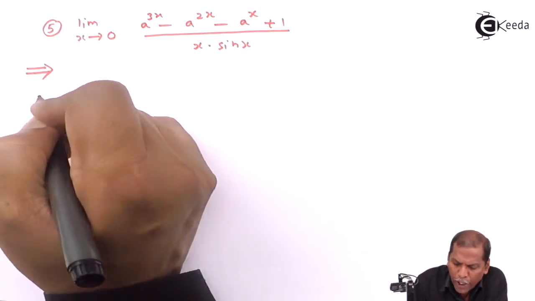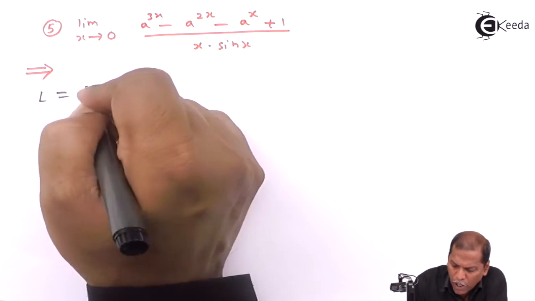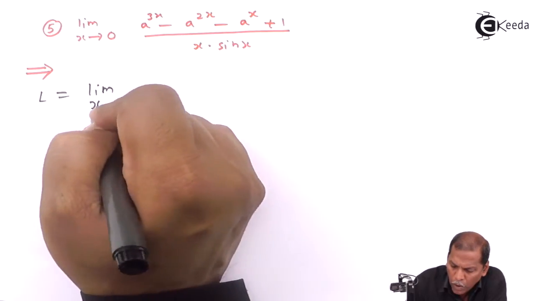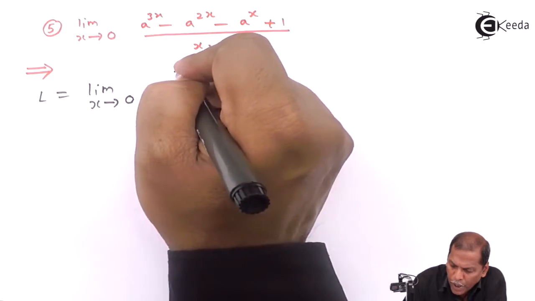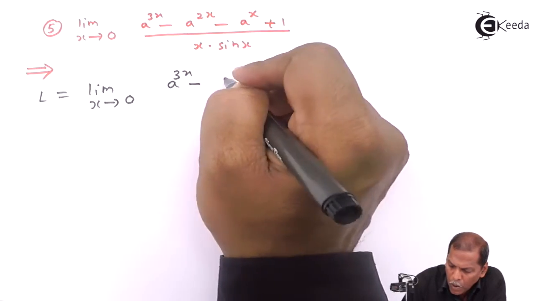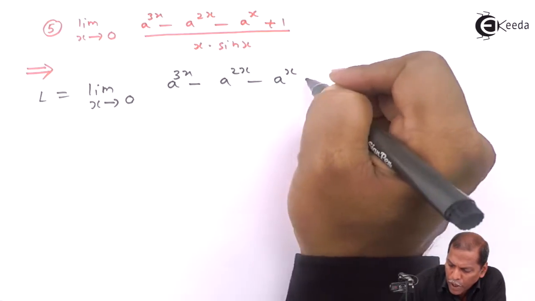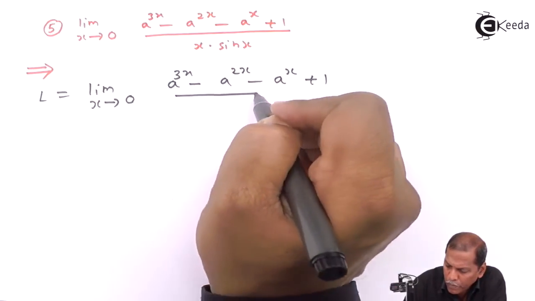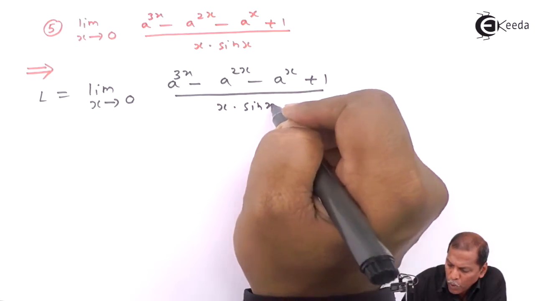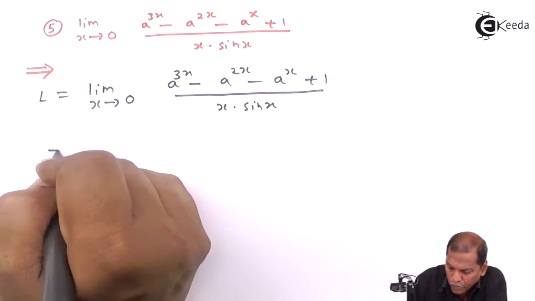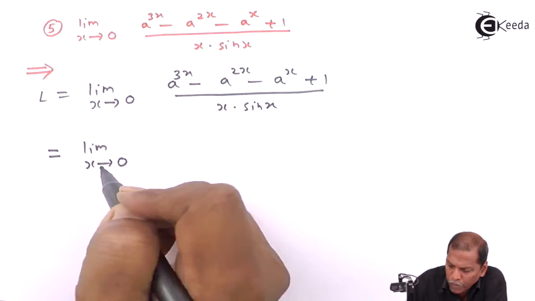First of all, we denote the given limit as L. So L is equal to limit x tends to 0, (a^3x - a^2x - a^x + 1) divided by x sin x, that equals limit x tends to 0.